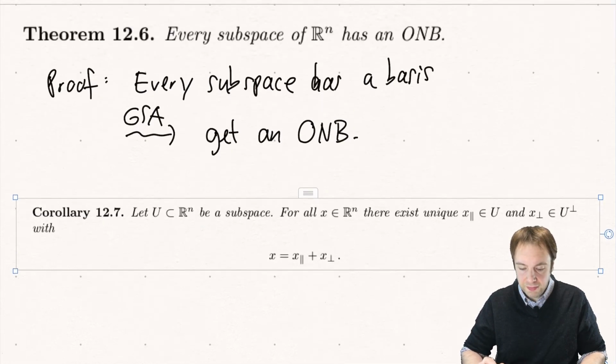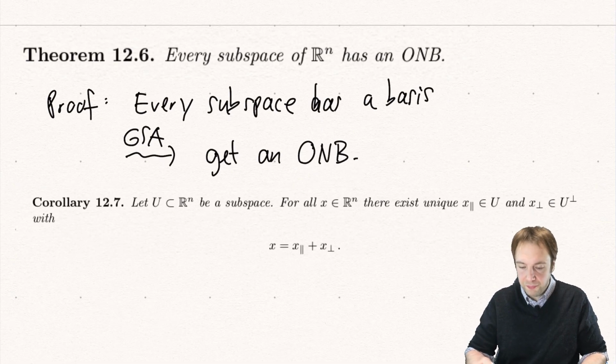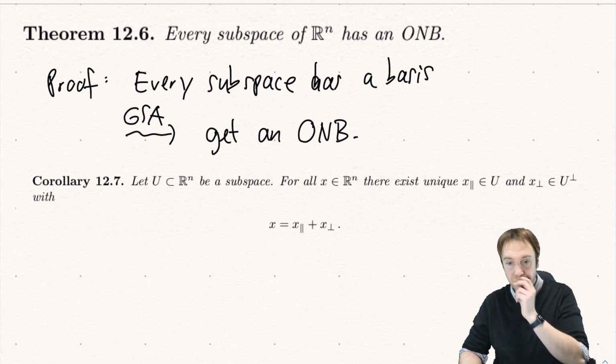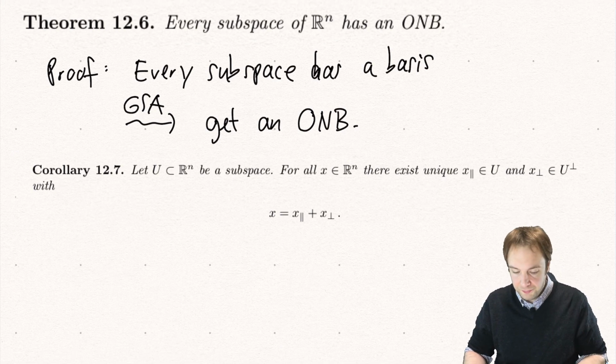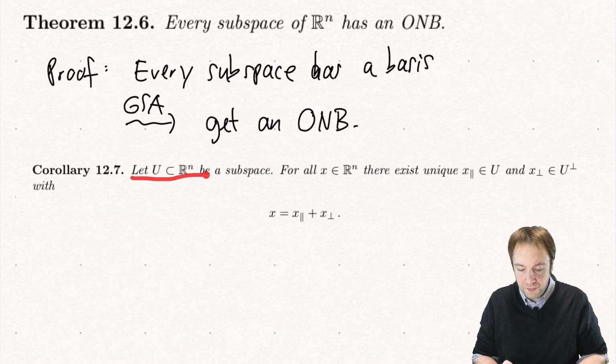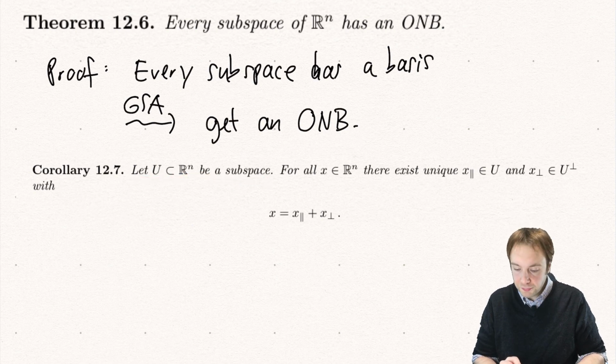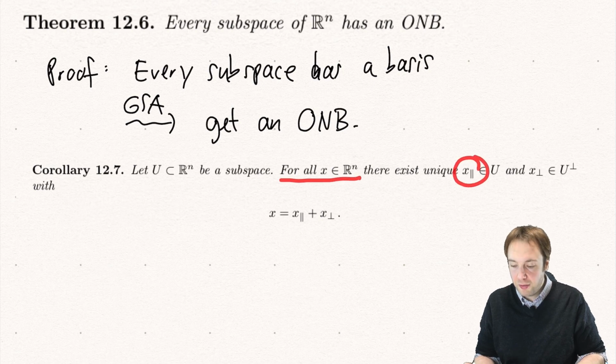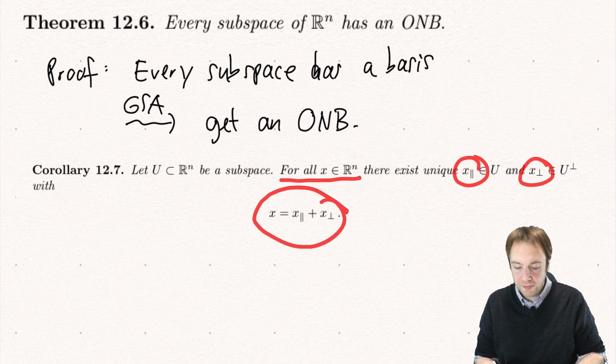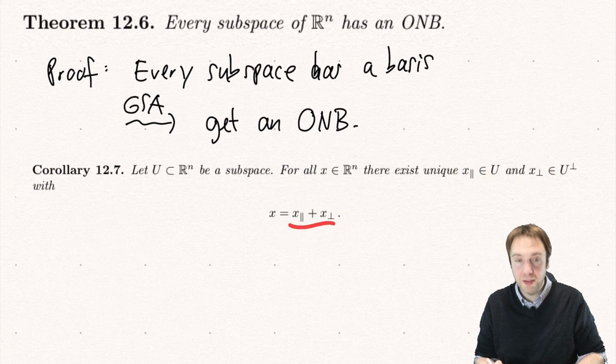And then another statement, which is quite similar to the lemma, is that if I have an arbitrary subspace U, then for all x there exist unique x parallel and x orthogonal, such that x can be written as the sum of these two.